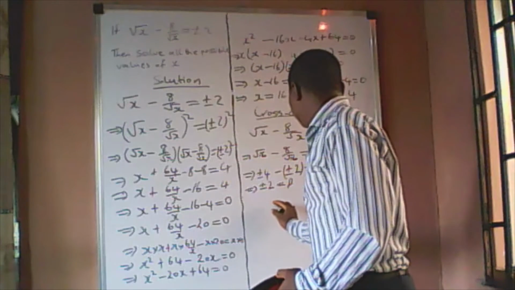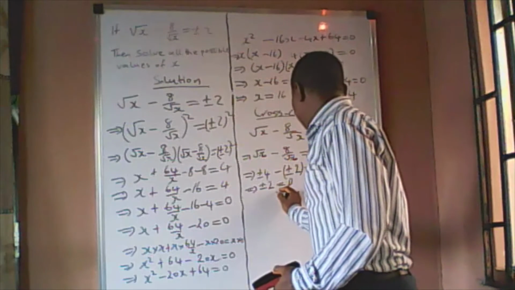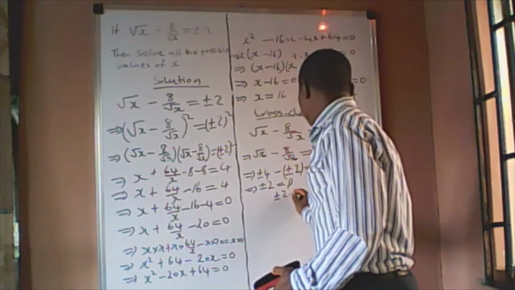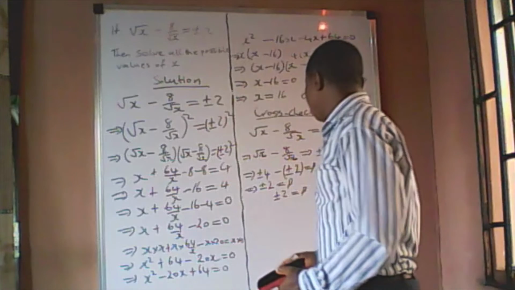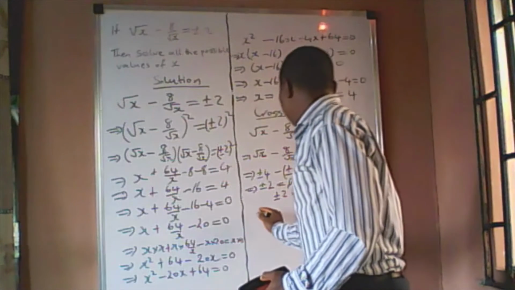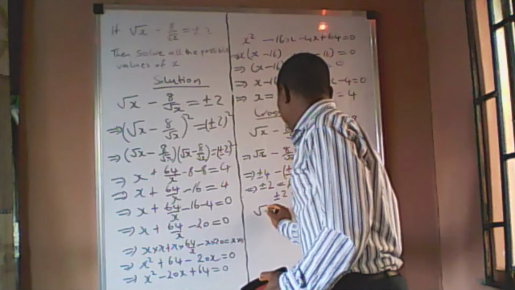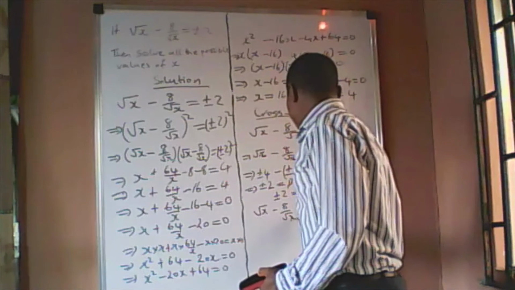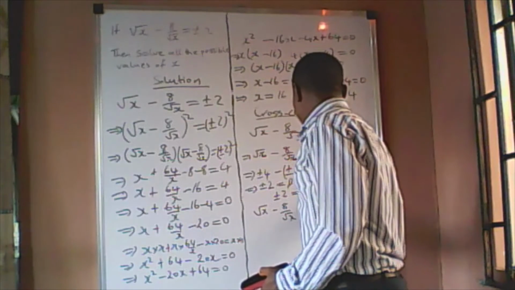We still have plus or minus 2 equal to beta. Then we have root x minus 8 over root x equal to beta.